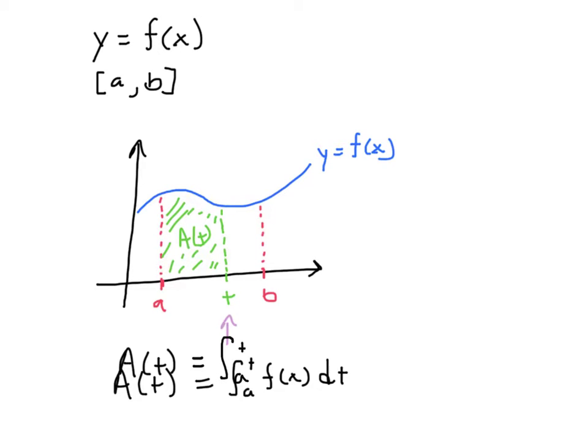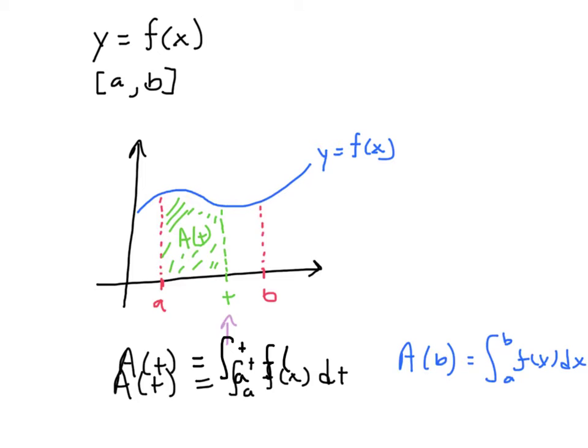So if I want to find the area A of t, which is the area under the curve between a and the letter t, I would simply do, oh goodness, here I am writing this all wrong. Let me get back to this, sorry about that.